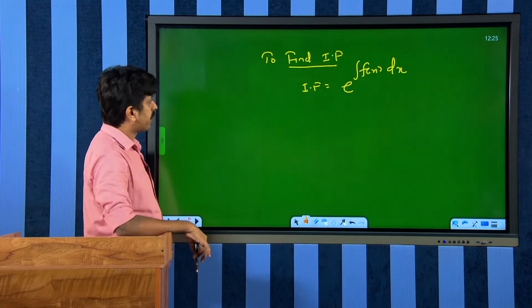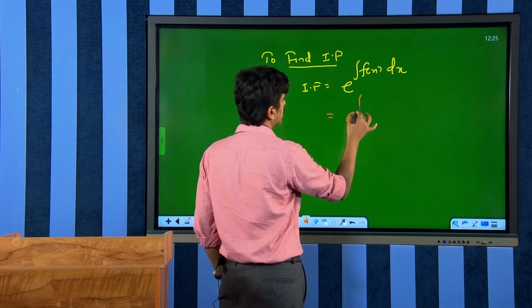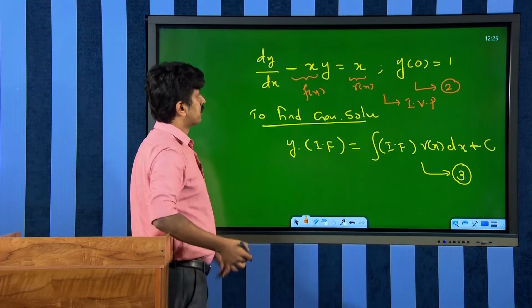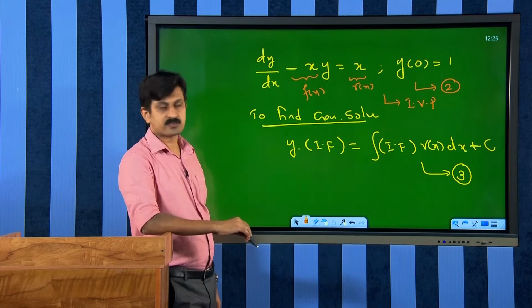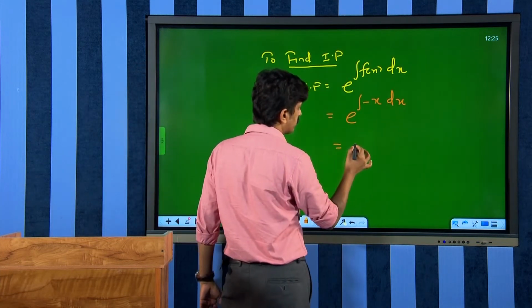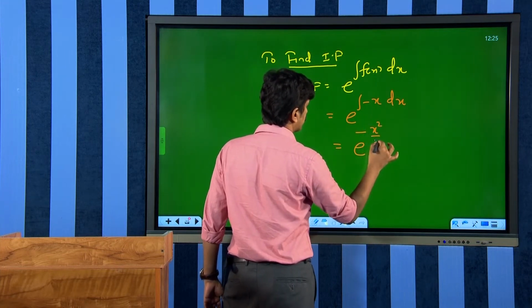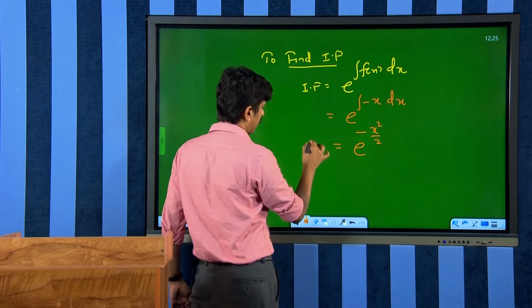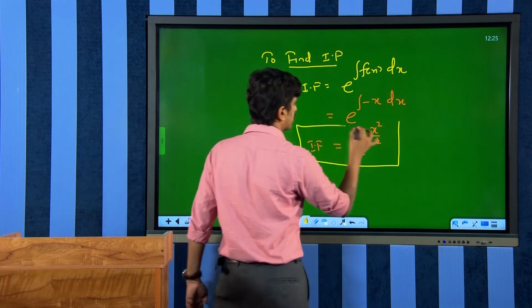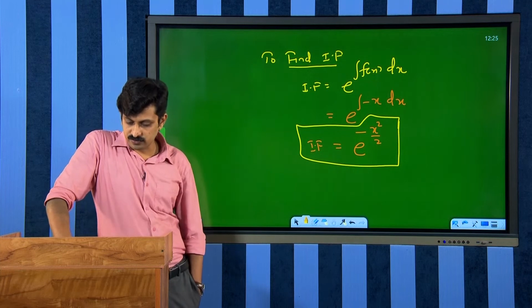So it is e raised to the integral of minus x dx, which is e raised to minus the integral of x, that is x square by 2. We found the integrating factor: e raised to minus x square by 2.